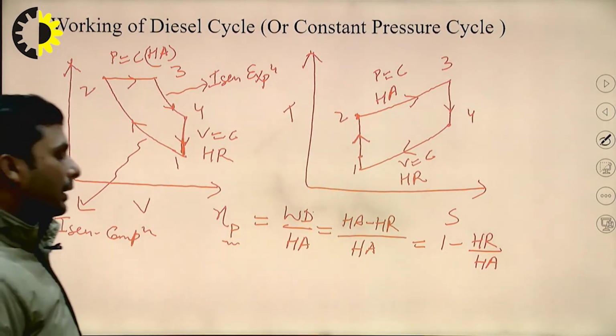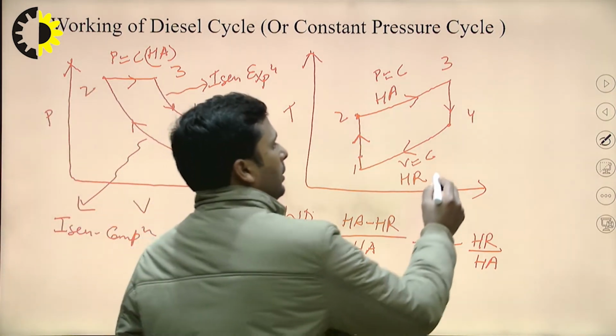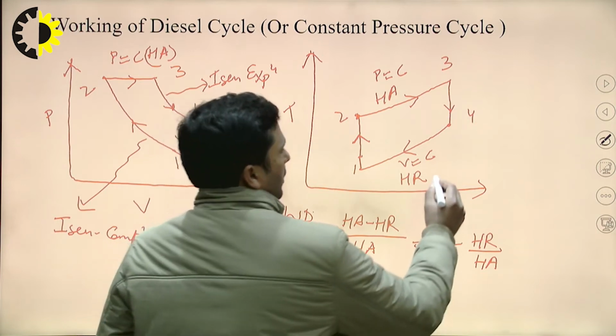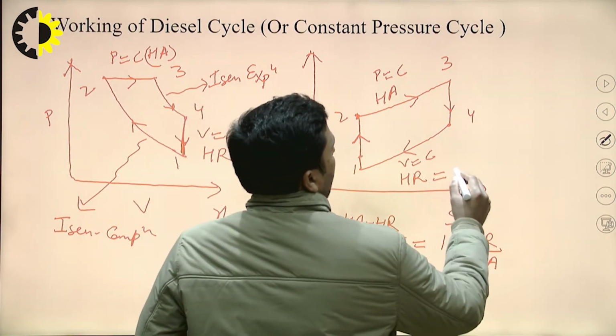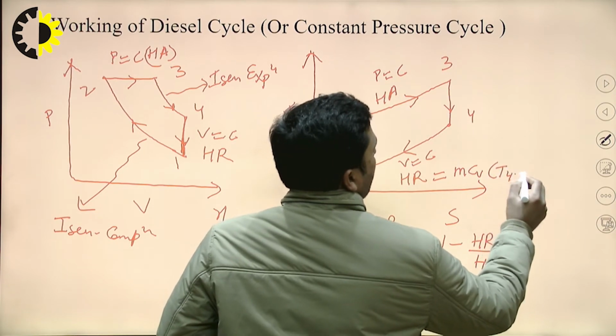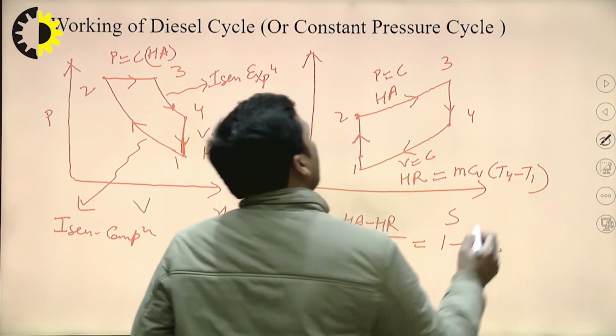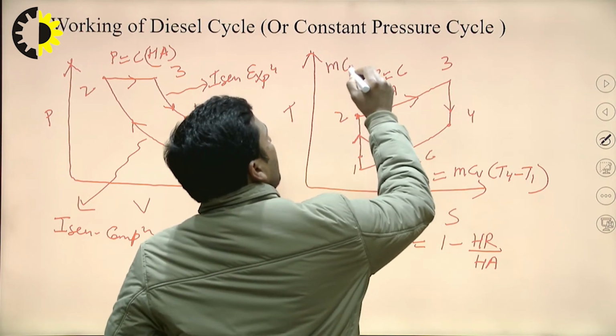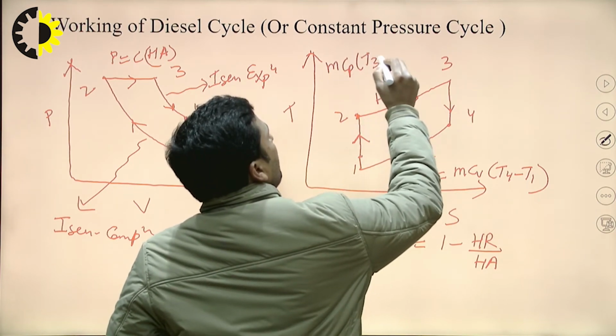So from the TS diagram, heat rejection is equal to m Cv (T4 minus T1), and heat addition is equal to m Cp (T3 minus T2).